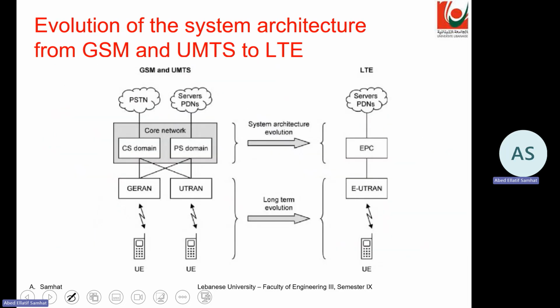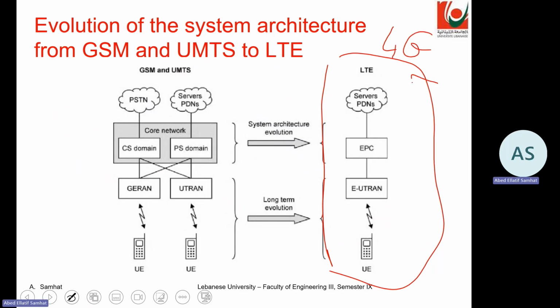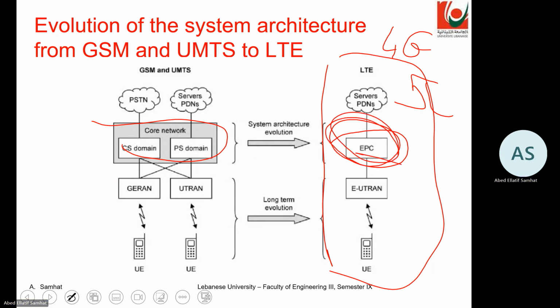The big difference is when we have evolution to fourth generation or even fifth generation, we will see that we evolved toward a packet switched domain. So in the core network, we have the evolved packet core, EPC. And here everything is packet switching, and it's really an all IP-based system.